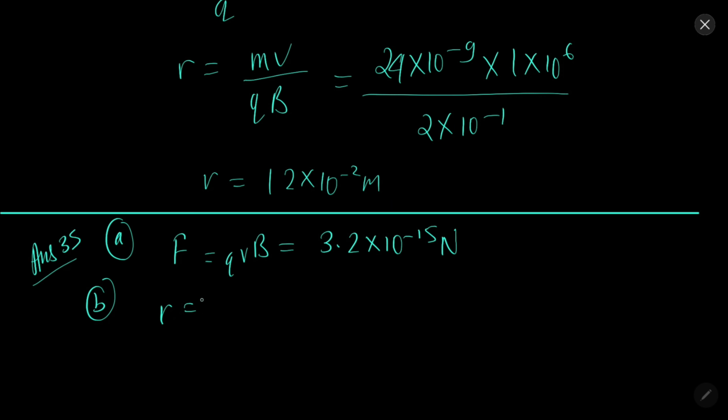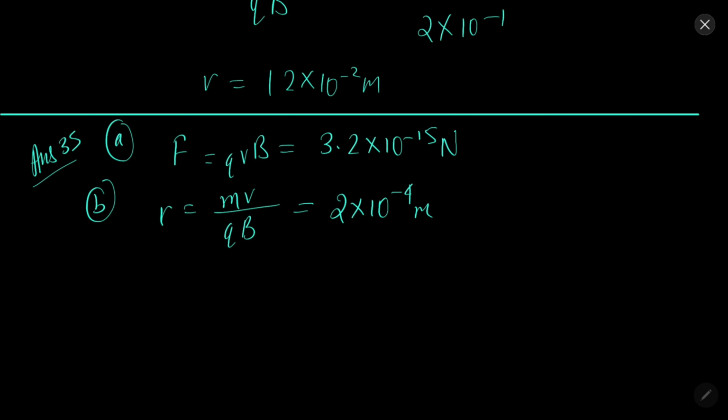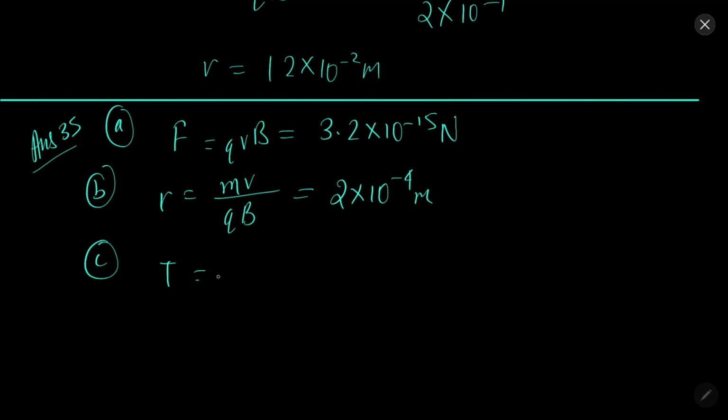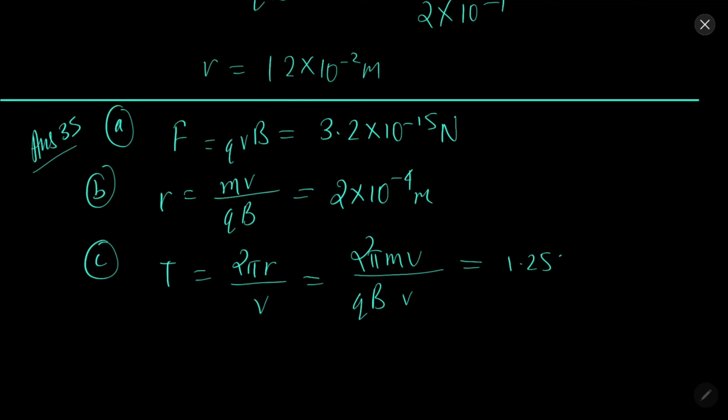R will be mv over qB. Putting in all the values, we will obtain 2 into 10 to the power minus 4 meters. Time taken will be 2 pi r over v, or 2 pi mv by qB into v. So it will give us around 1.256 into 10 to the power minus 7 seconds.